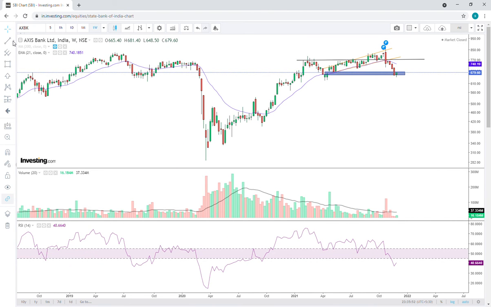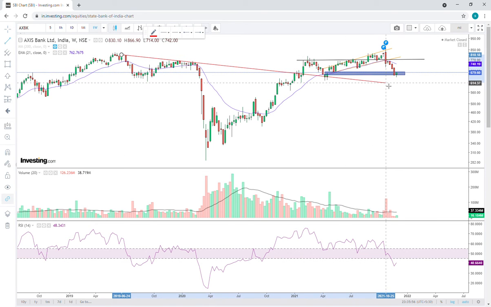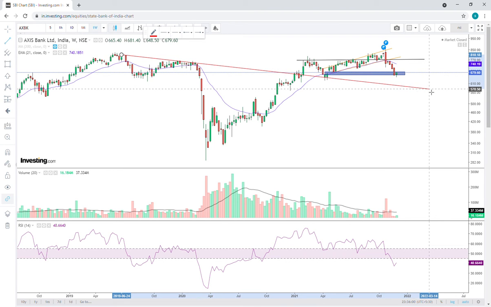But the best support I can see for ICICI Bank is around 590 to 588. This is the one support zone where it may consolidate or again come down.